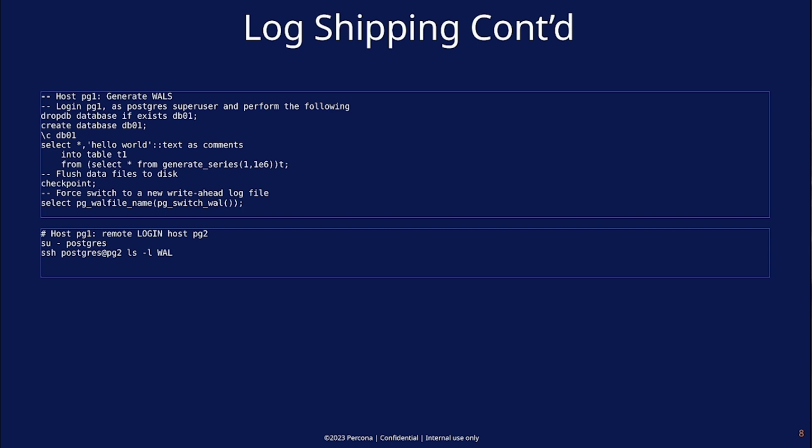So I'm populating a table. Checkpoint, forcing the WAL to be written, and I'm switching it. You don't need to do that; this is for our practice. Nice little trick if you want to test something: pg_switch_wal. The WAL is a bucket, an empty bucket.